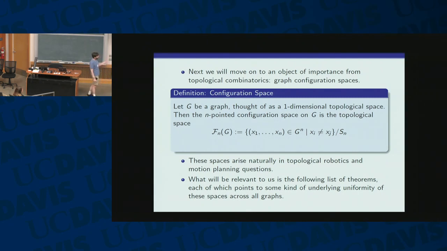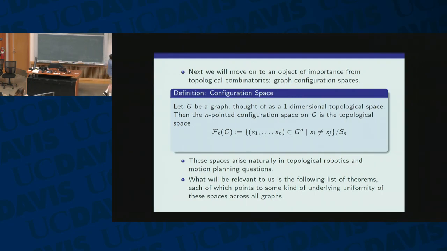And a lot of the early push was coming from, for instance, Robert Ghrist, thinking about applications of topology to topological robotics. You can imagine building tracks, and you have robots moving around in a factory, and they're only allowed to move along predetermined tracks. And you don't want the robots to collide with one another. So this is a natural way to model that. Okay, so this is graph configuration space.